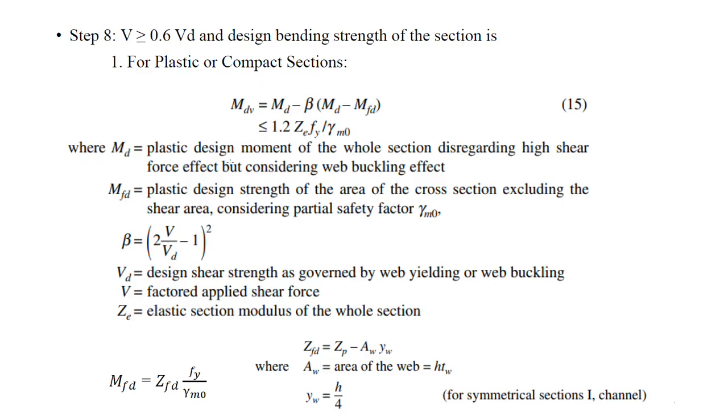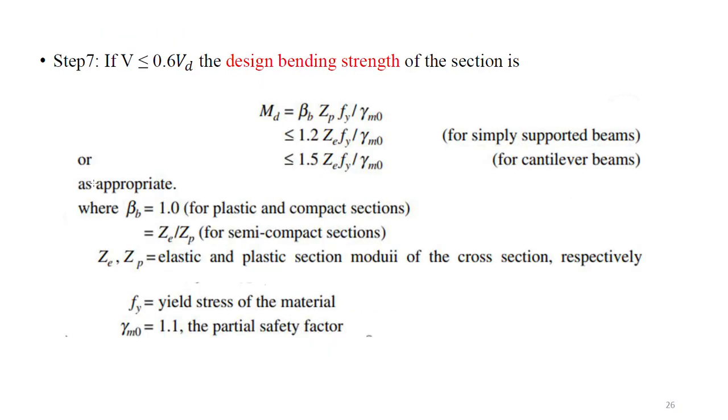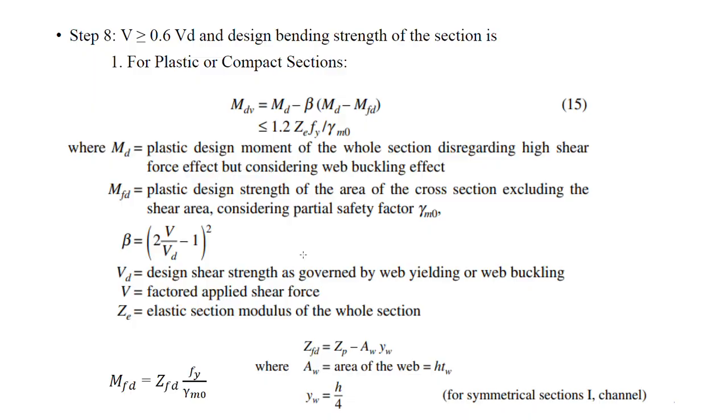Beta is equal to (2V by Vd minus 1) squared. Vd we have found that value; Vd, the design shear, will be known in this case. This Vd we have to use. Okay, if the applied shear force V is greater than 0.6 times Vd.